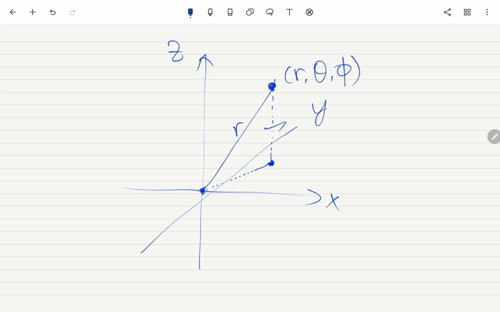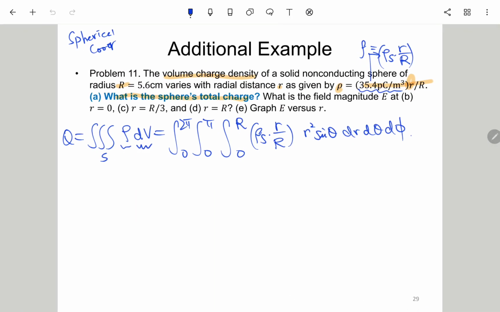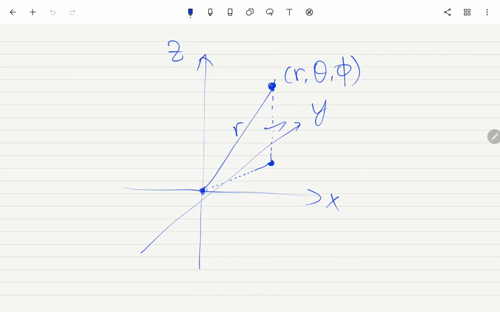The theta will be from the negative z-axis to here. This is theta.